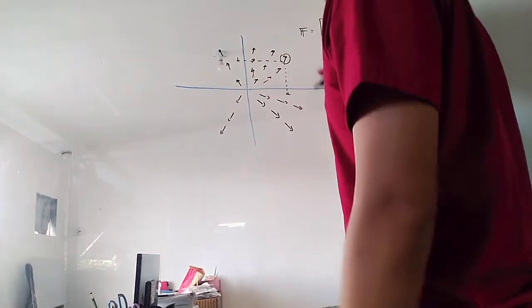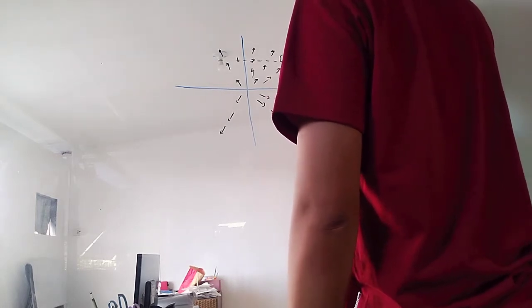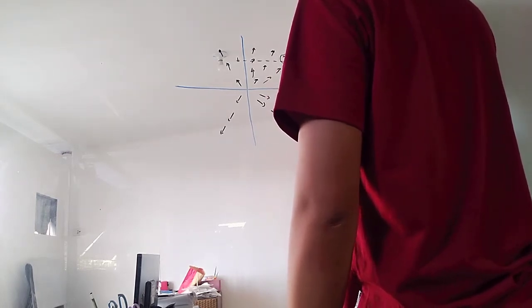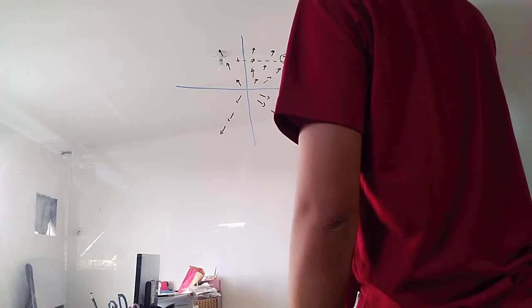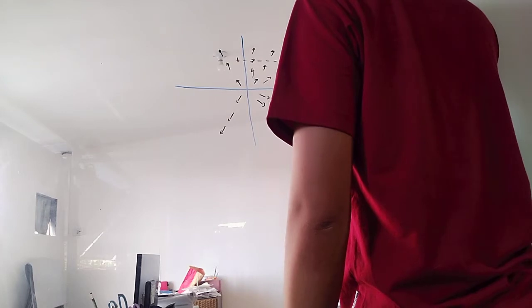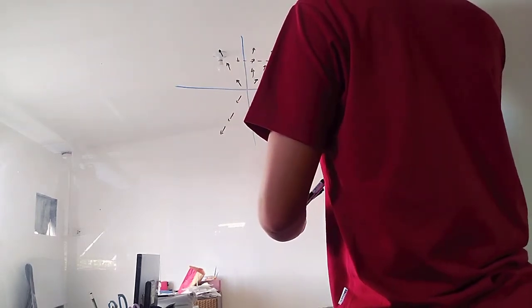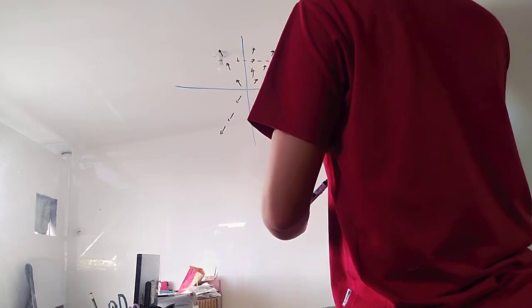Then to find this vector, we just plug in A and B. So F at this point P equals (A, B) is just Q1 evaluated at (A, B), and then Q2 at (A, B).